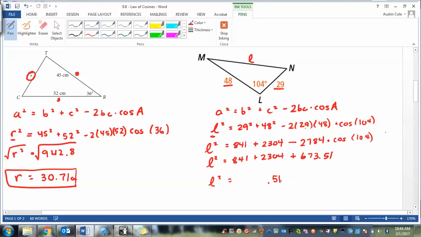Should we put the squared sign over it? Well, we're going to get there. L squared equals this number, 3,818.51. And now lastly, I need to square root that, right? 61.79. I don't have any labels, so we'll just call it that.